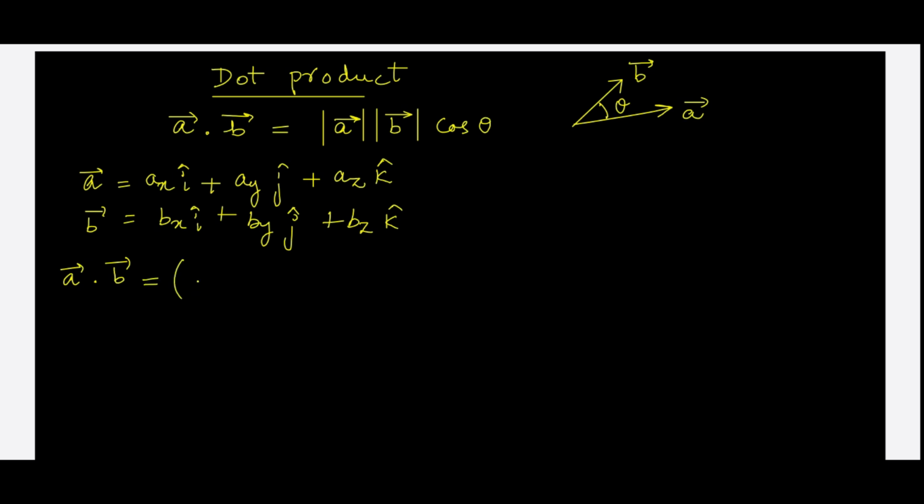Now i dot i is both i vector dot i vector, so the angle is 0, so cos of the angle is 1, so ax bx. If you multiply ax by i dot j, so i and j, cos 90 is 0, so that thing vanishes. So if you write it, you will simply get ax bx plus ay by plus az bz. This is your dot product.